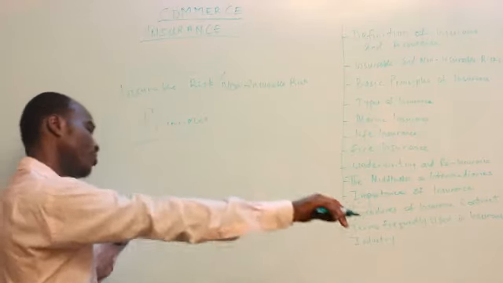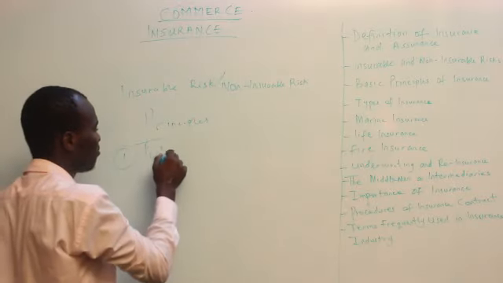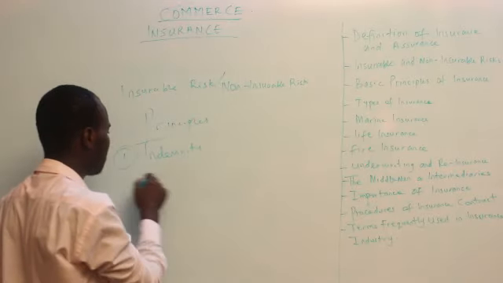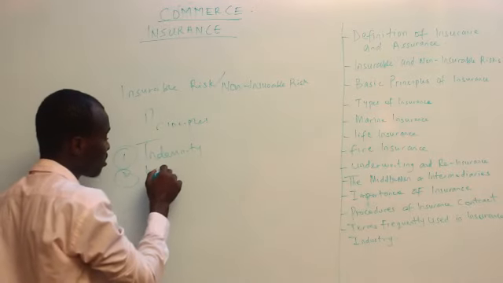We have number 1, indemnity. Number 2, insurable interest.